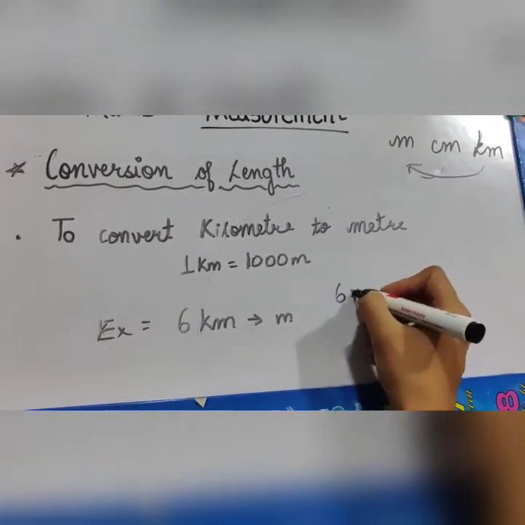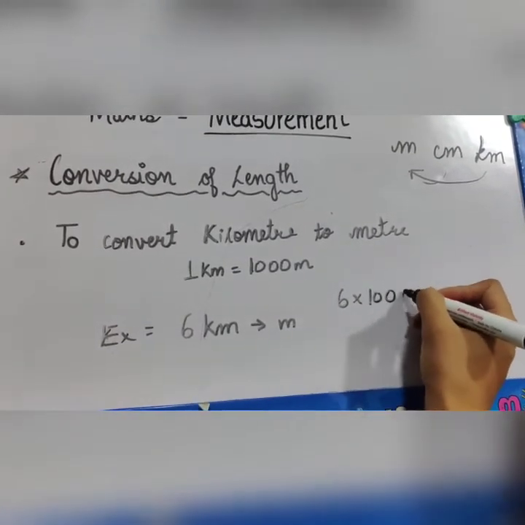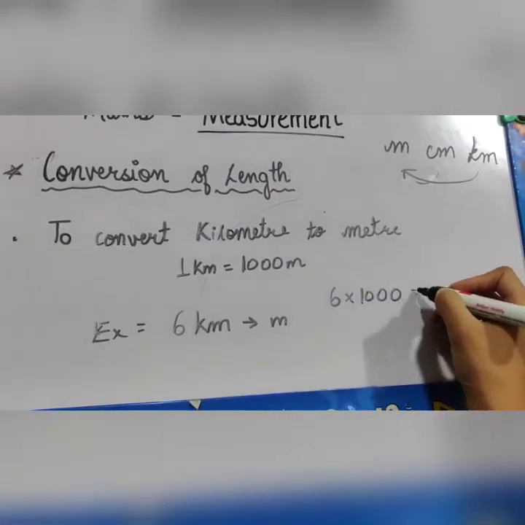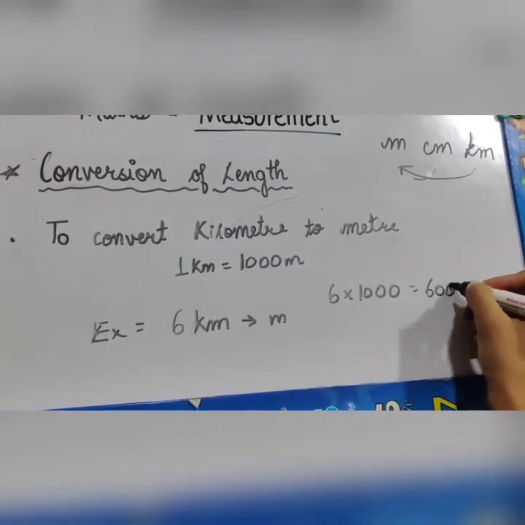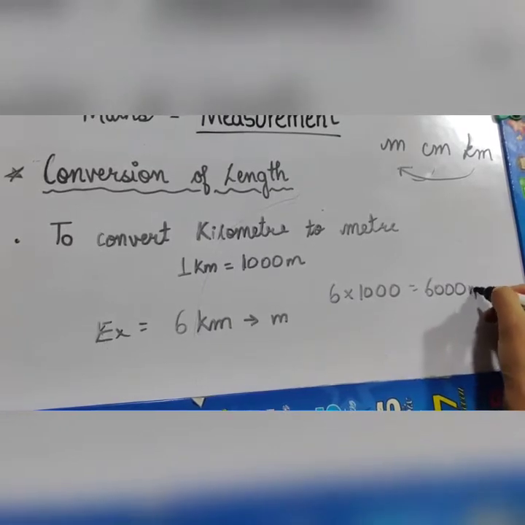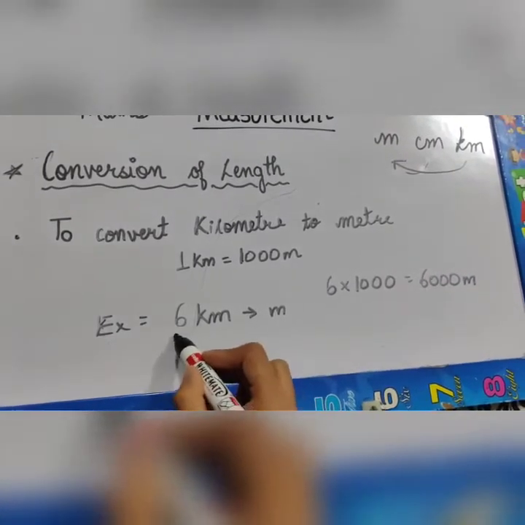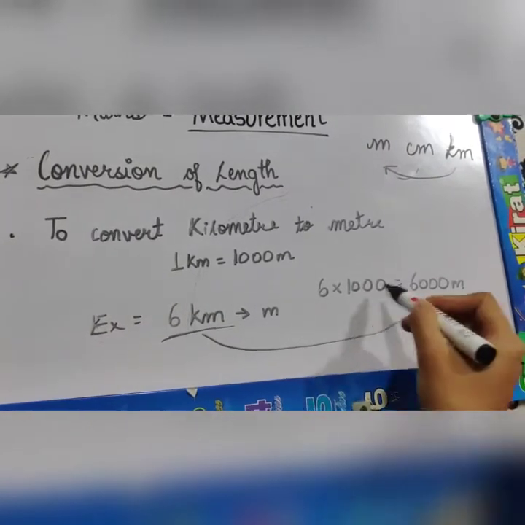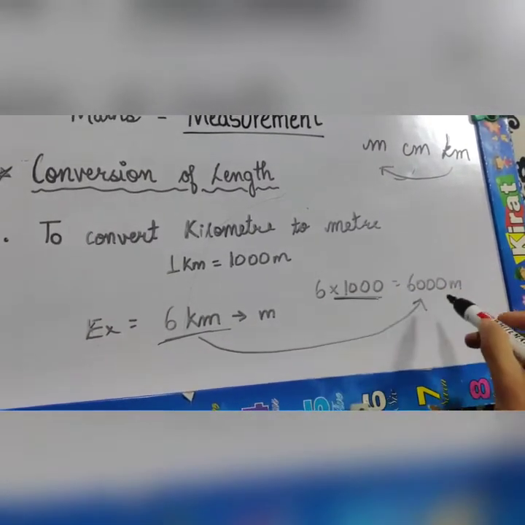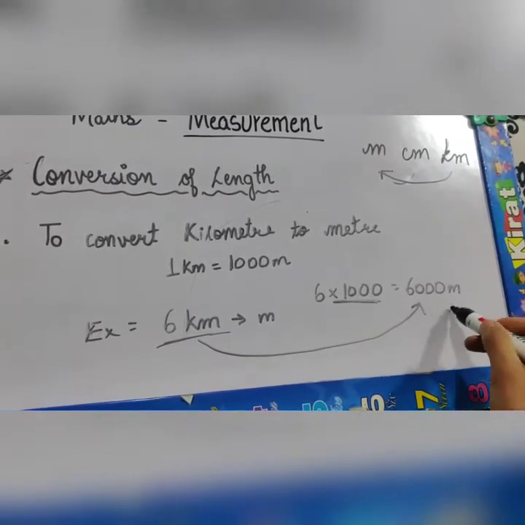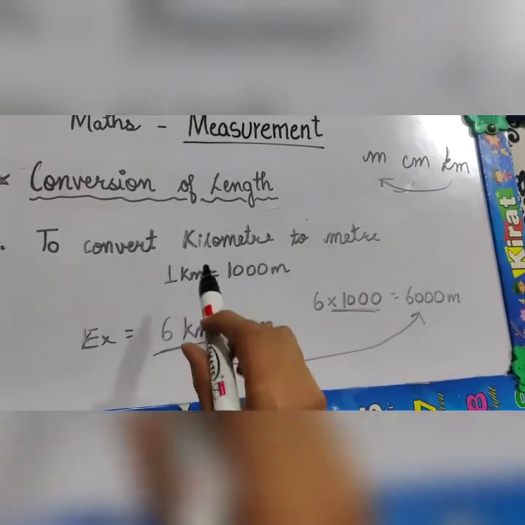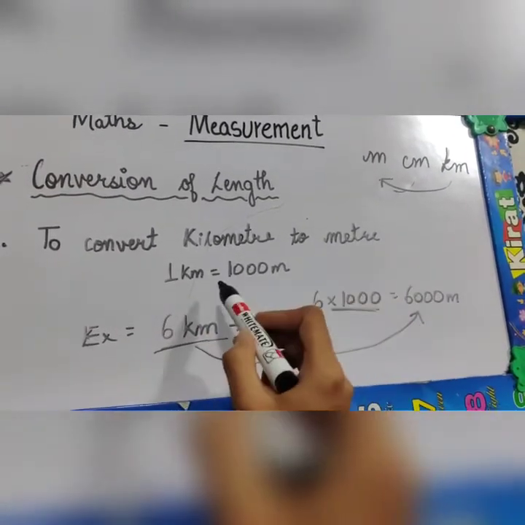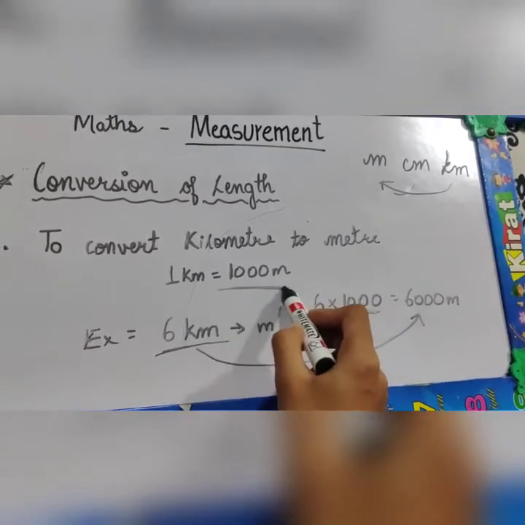We will multiply 6 by 1000. So 6 into 1000 is 6000. This 6000 is in meter. So what did we do? We converted 6 kilometer to meter by multiplying it by 1000. So the answer is 6000 meter. This is how we convert kilometer to meter, by multiplying it by 1000.